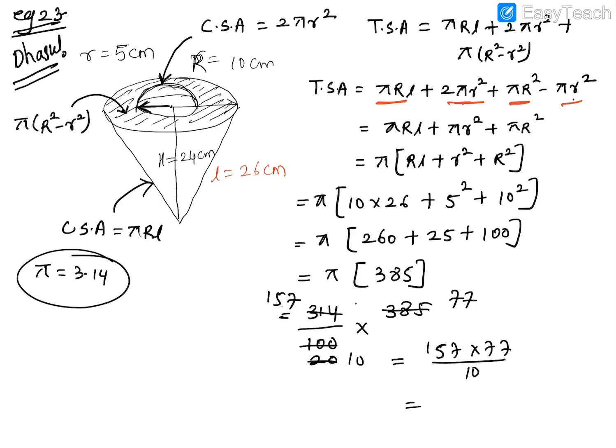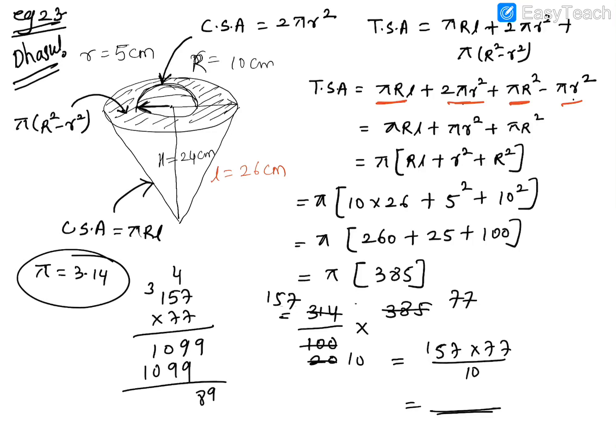You'll get the answer. Now 157 into 77. 7 sevens are 49. 4 carry 39, carry 3, 10. So again 1099, 9, 18, 0, 2, 1. So it will be 1208.9 cm square. That's the answer.